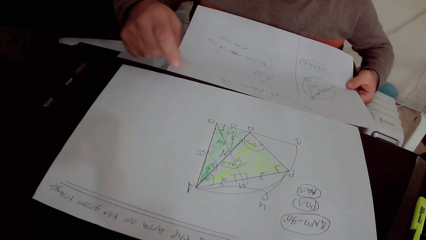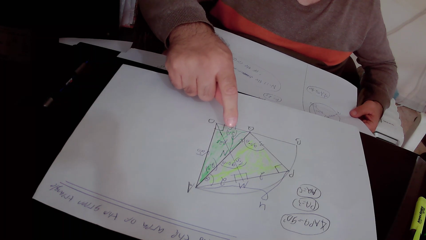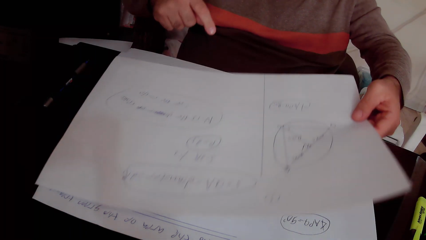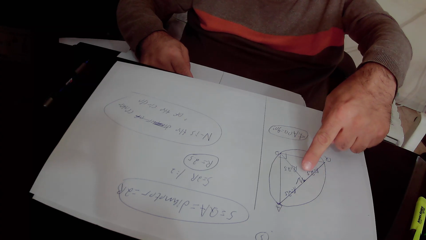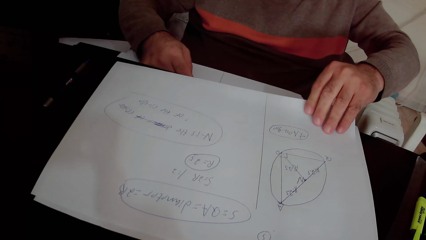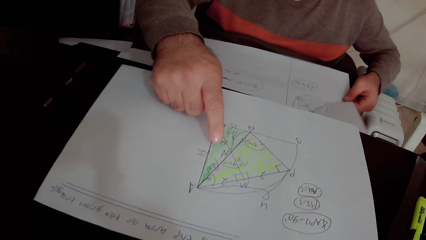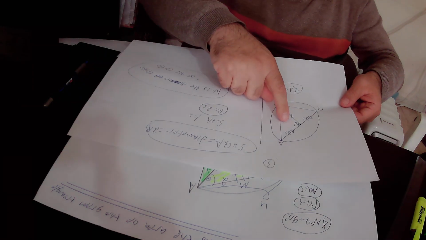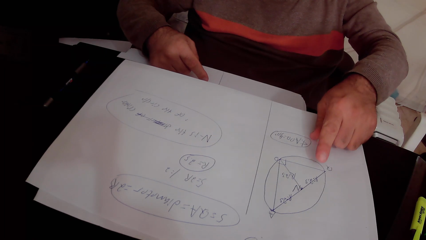So I copied point N from the hypotenuse AQ to the same hypotenuse AQ here. Here we have line segment AN equals 2.5 and line segment NQ also equals 2.5.